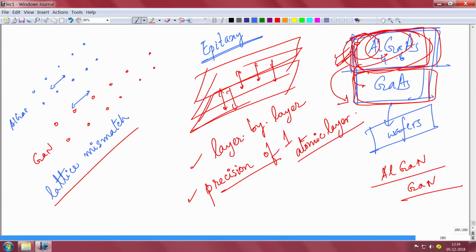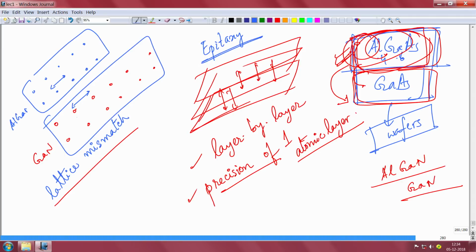When I say you have to do epitaxy, you want the AlGaN layer to mimic the crystal structure below, which means when you grow one on top of the other, this lattice constant has to match the lattice constant here, which means this atom and this atom will be pulled apart a little bit so that they can sit one on top of the other. The GaN will basically pull this atom slightly away so that the spacing increases and you are able to deposit them one on one.